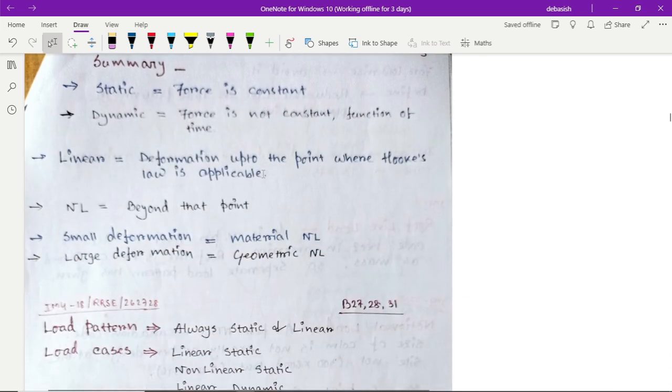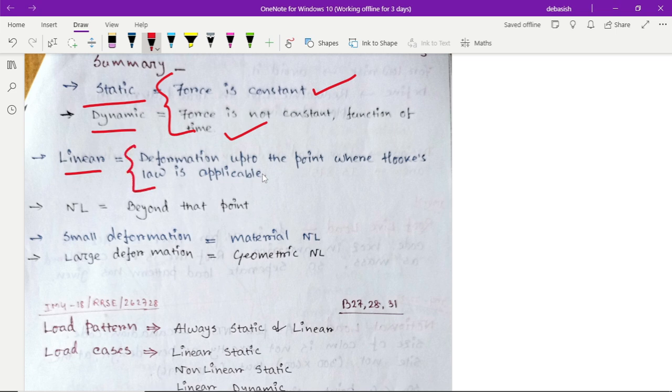If we summarize, the first is the static analysis. In case of static analysis, force is constant. In case of dynamic analysis, force is not constant. This is the main criteria. The next one is linear analysis, where the deformation will be up to the range of the yield point, where Hooke's law can be applicable.